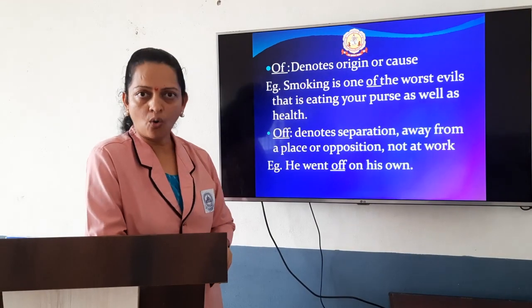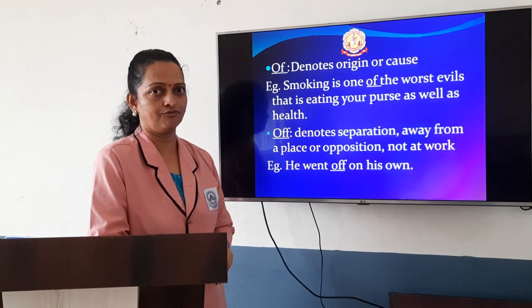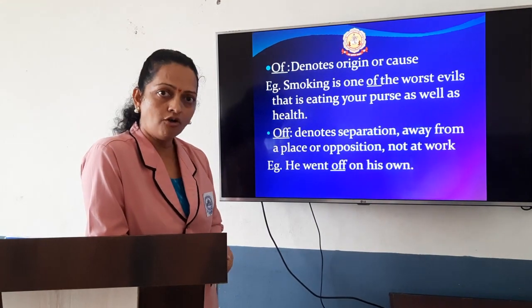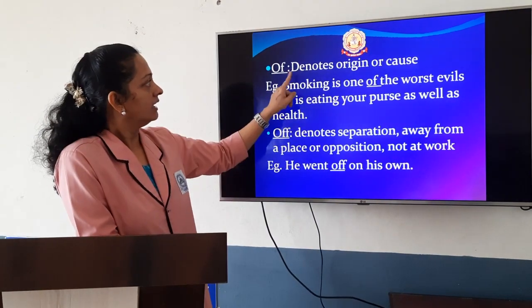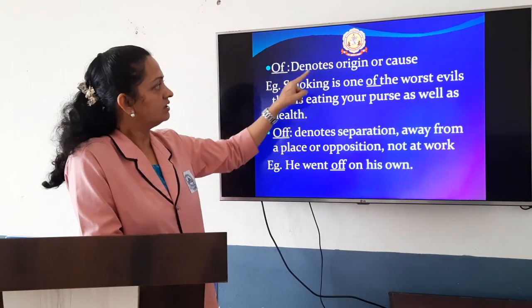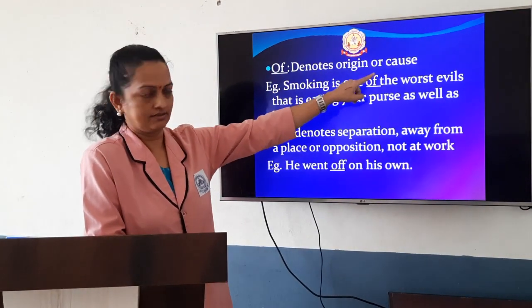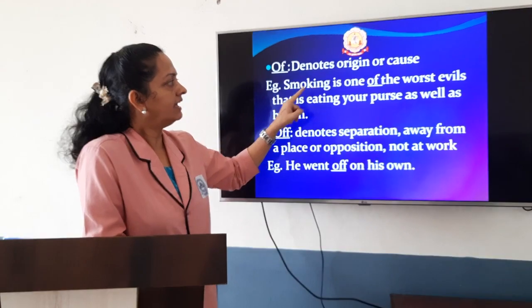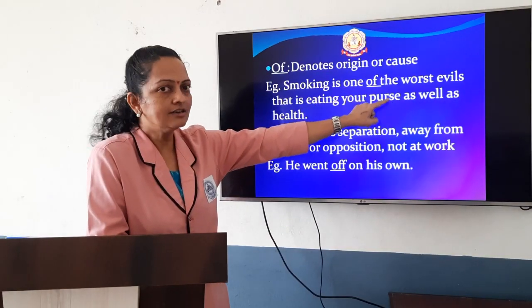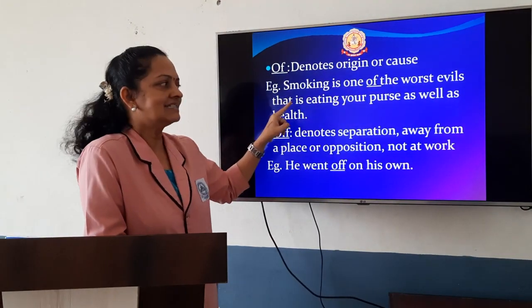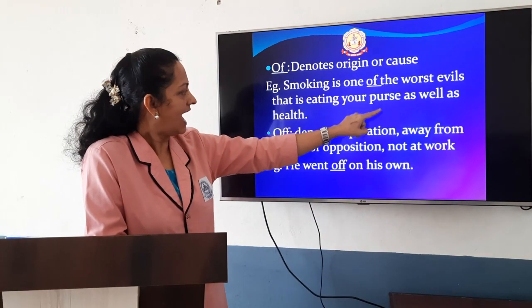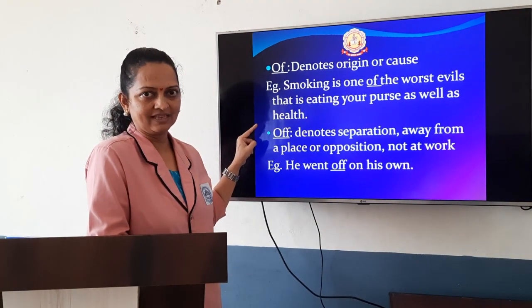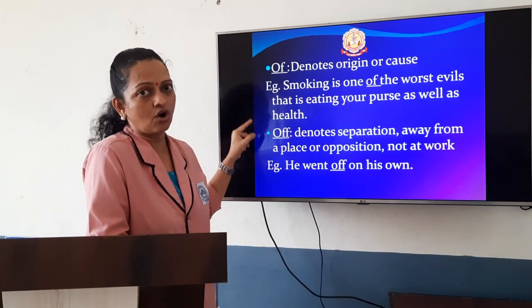Next we have OF and OFF. There is a lot of difference between of and off. Of denotes origin or cause. Example: smoking is one of the worst evils that is eating your purse as well as your health. It gives us the reason, it gives us the cause.